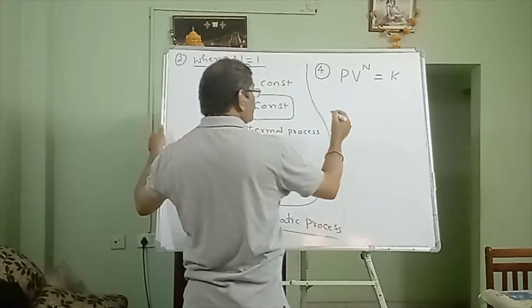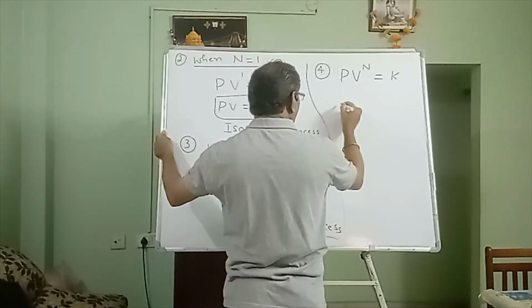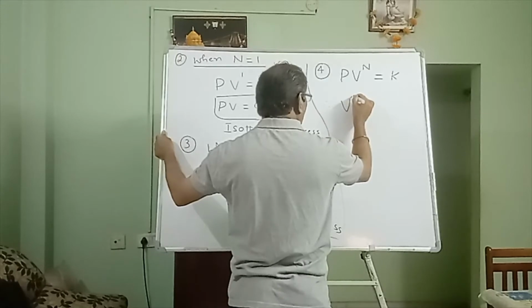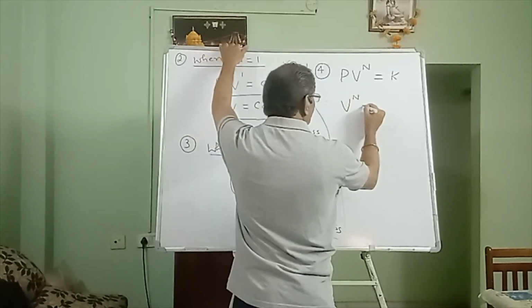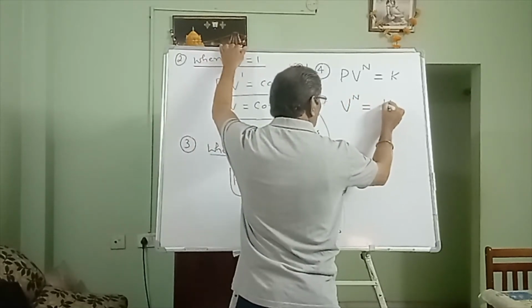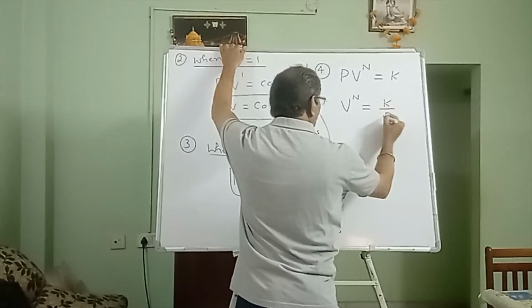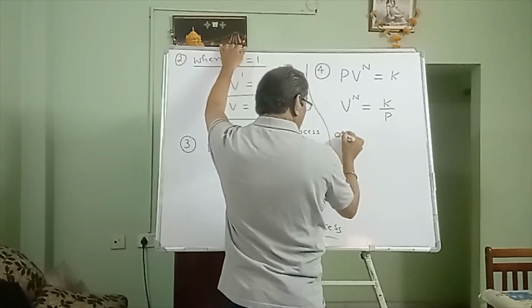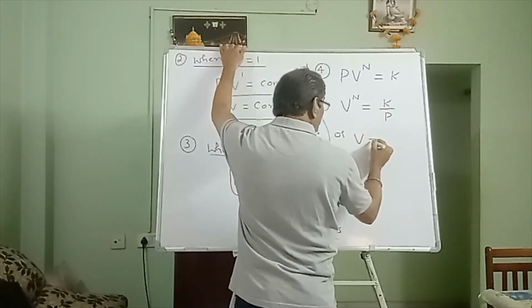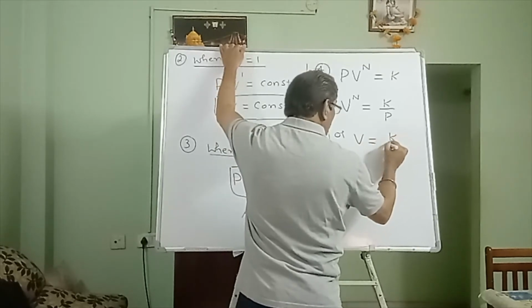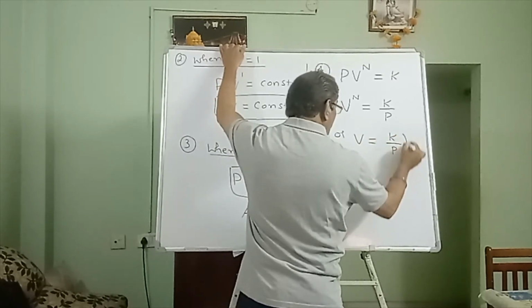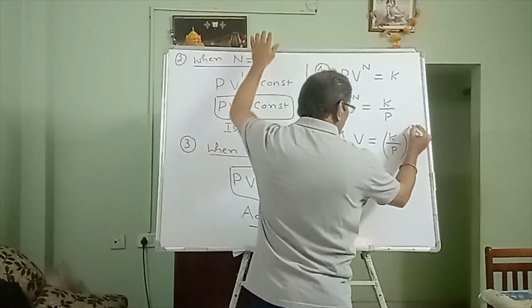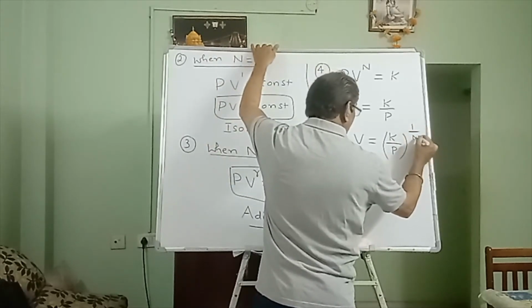That is the reason why V to the power capital N will be numerically equal to K divided by P, or I can write volume will be numerically equal to K by P, whole power 1 by N.